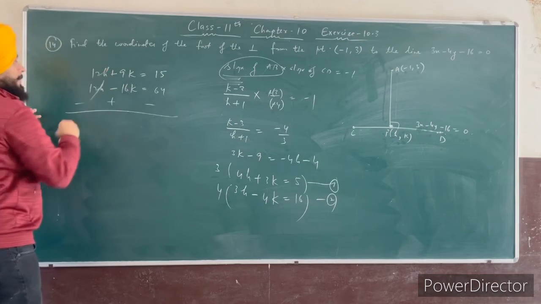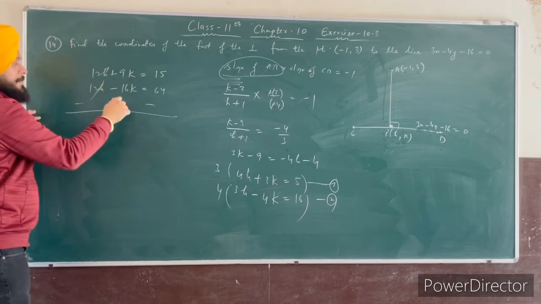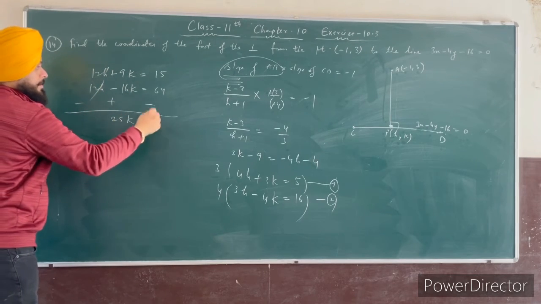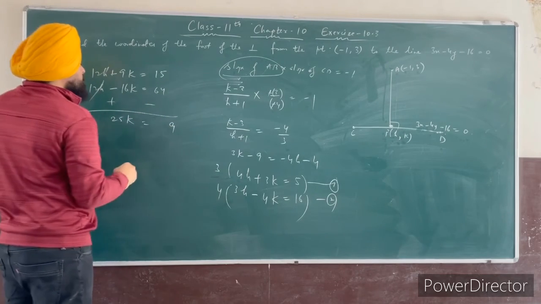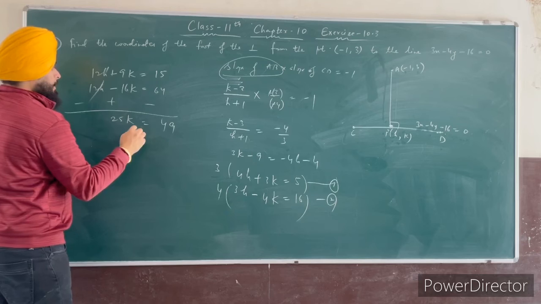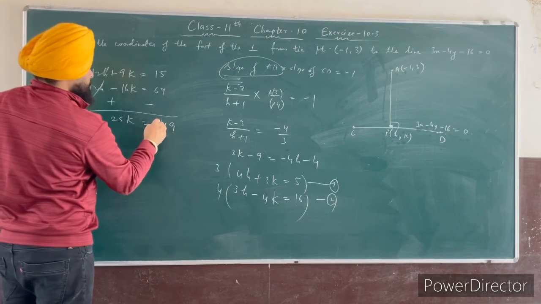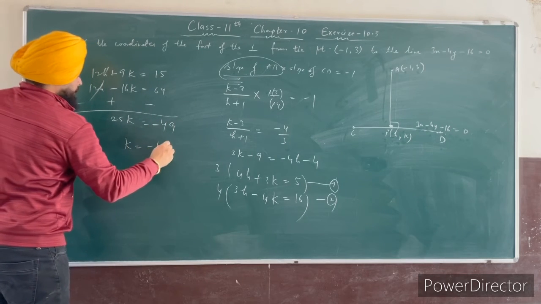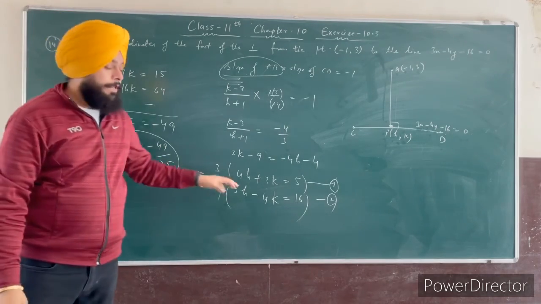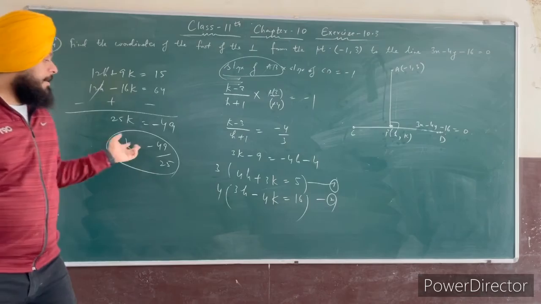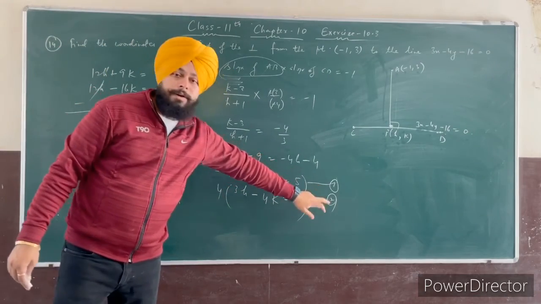12h and 12h cancel, plus 9k plus 16k, 15 minus 64. How much? It is 25k equals -49, and the sign is negative. So what is the value of k? Minus 49 over 25. Now similarly we can find the value of h. You have to put this k in either equation 1 or equation 2.